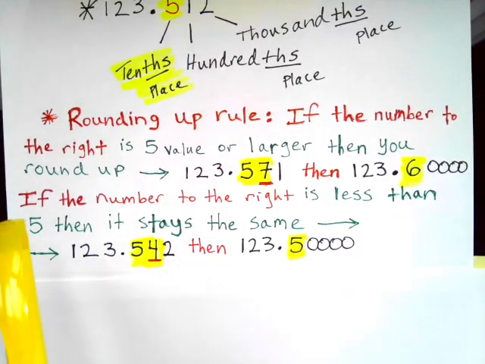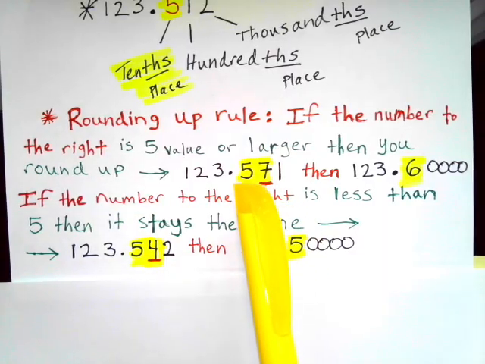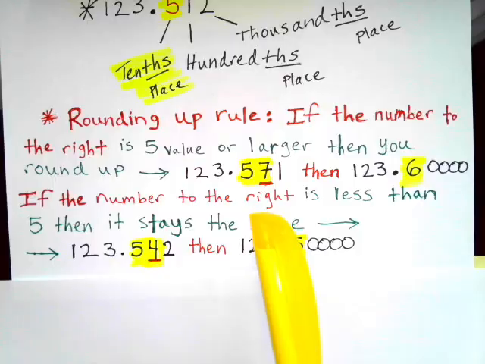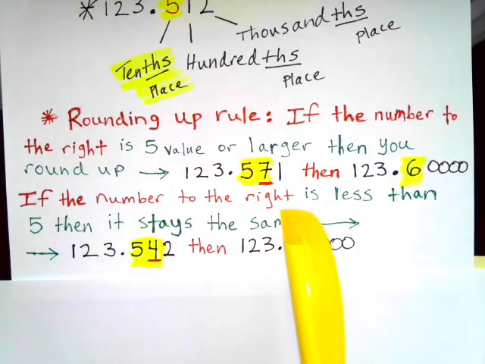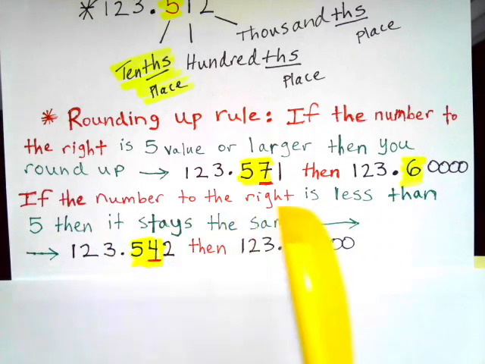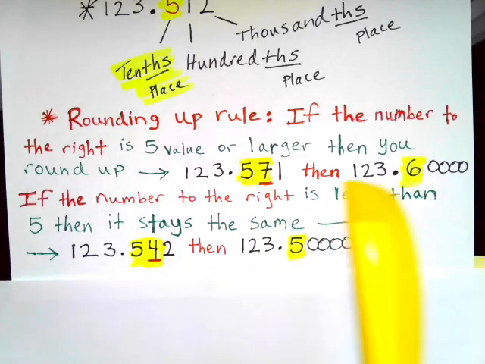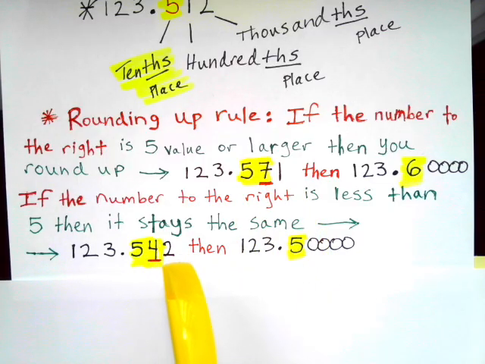All right. If the number to the right of your target number, and here our target number is 0.5, that's the tenths place. In the problem, they ask you to give your answer in tenths, right? So if the number to the right is less than 5, I should say less than, not equal to, because if it's equal to 5, you have to round up. If the number to the right of your target, in this example down here, it's going to be 4.